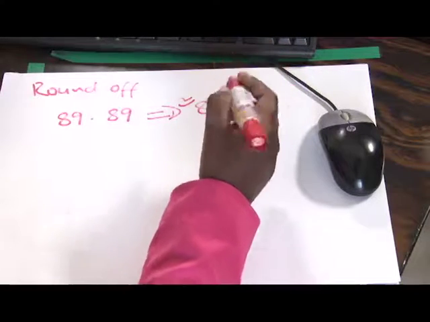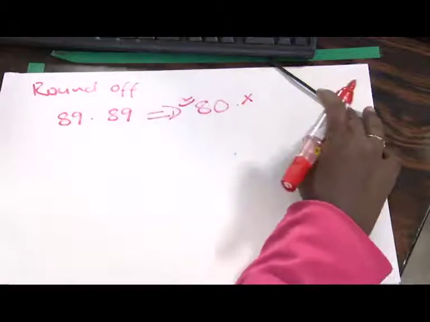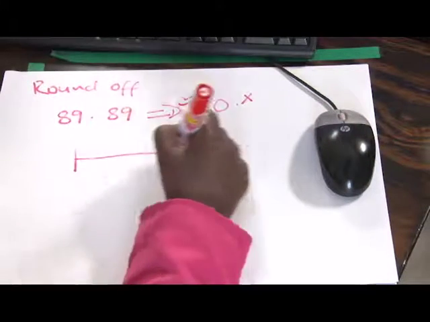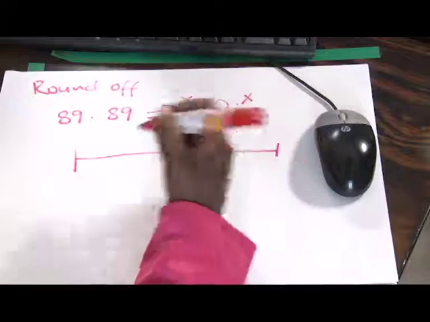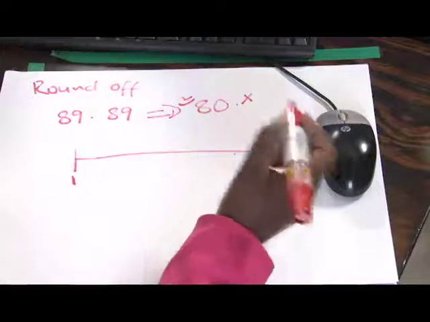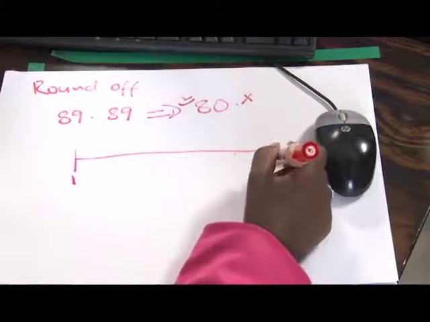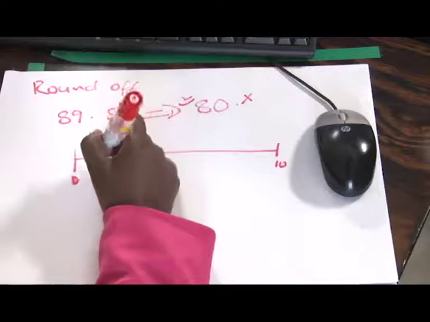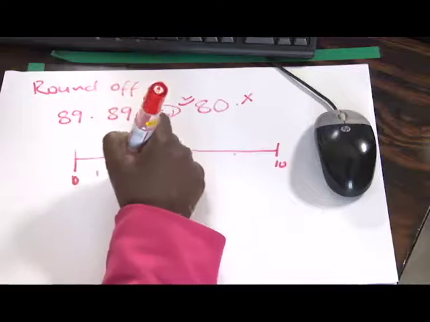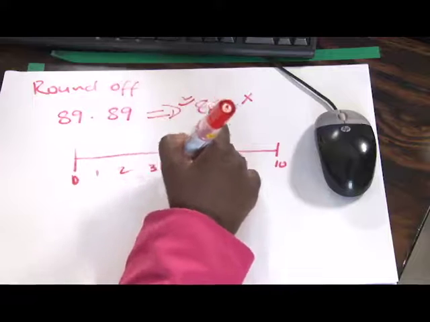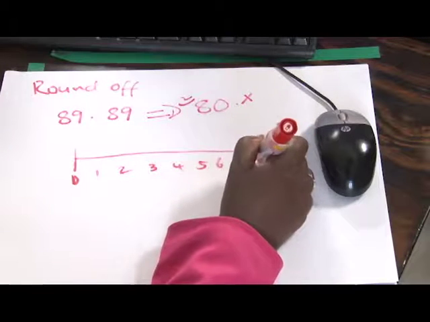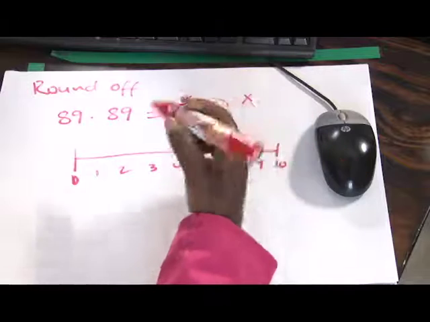So what happened here? We have the rule for rounding off. There's only one simple rule for rounding off. You have a number line starting from 0 up to 10. And in between here we have 1, 2, 3, 4, 5, 6, 7, 8, 9, and 10.